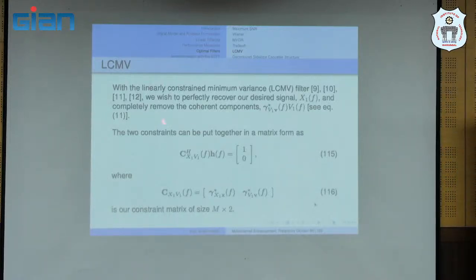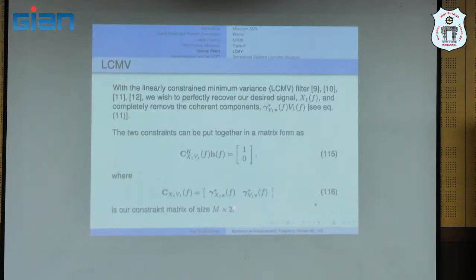See, it's the same. So it's very useful to write the constraint such that we have the matrix of the constraint, you see, C.